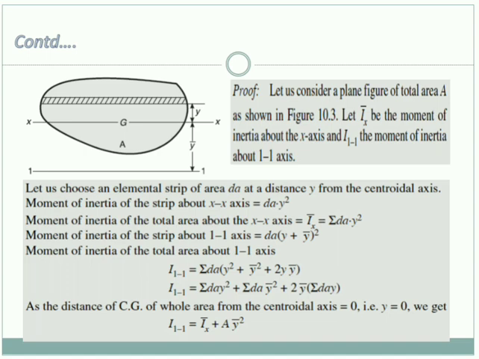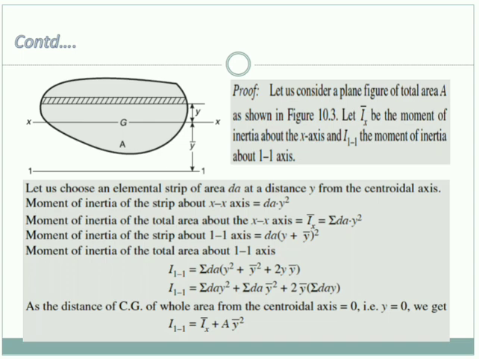So here this is nothing but the expansion of y plus y bar square. What is the expansion? a plus b the whole square is equal to a square plus b square plus 2ab. So what we get as the moment of inertia is summation dA into bracket y square plus y bar square plus 2y into y bar.